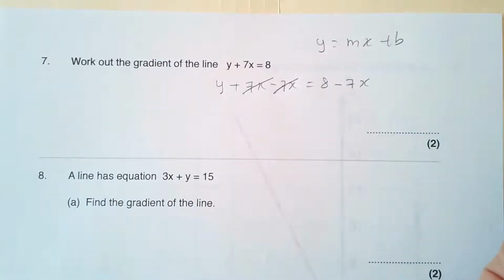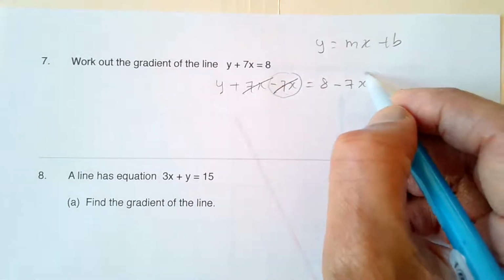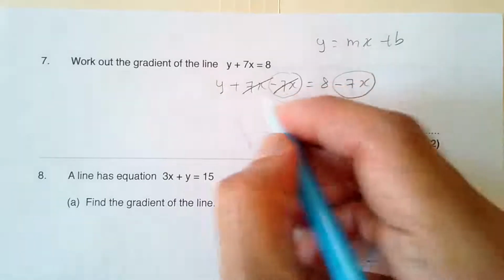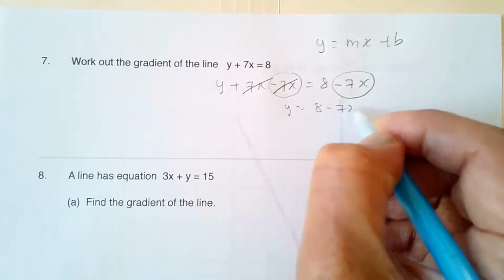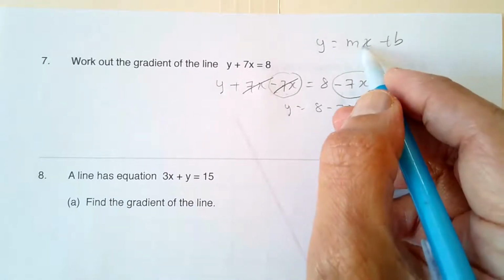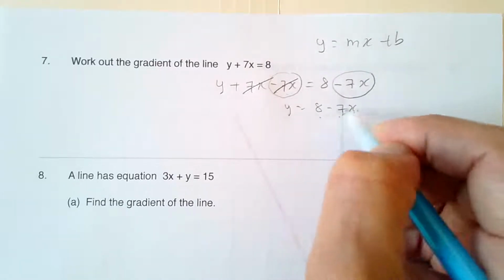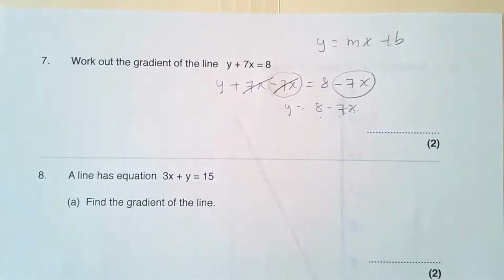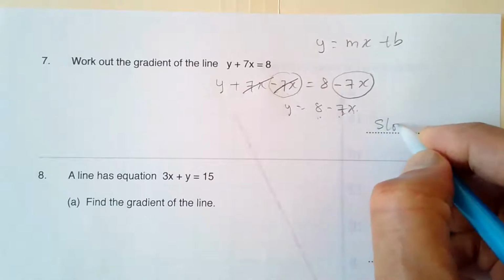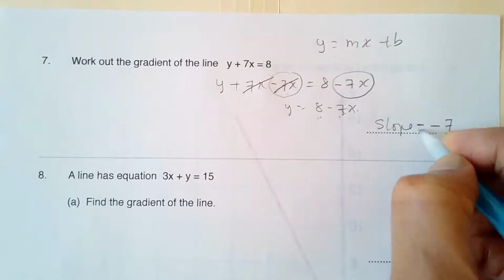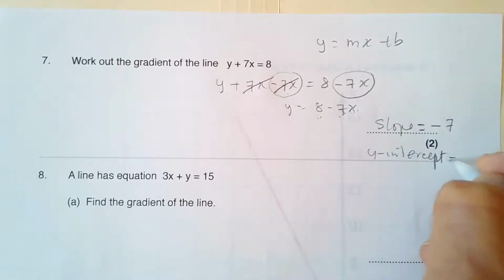Subtracting 7 minus 7x is 0. But whatever I do on one side, I do exactly on the other side. So I'm left with y is equal to 8 minus 7x. The number in front of the variable x is my slope. So -7 is the slope, and 8 is your y-intercept. So the slope here is -7. Y-intercept equals 8.